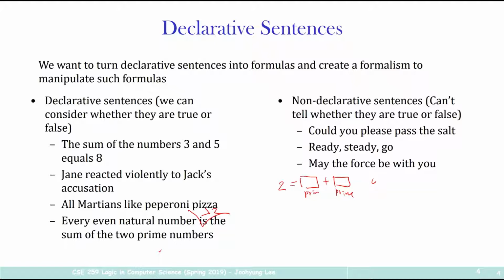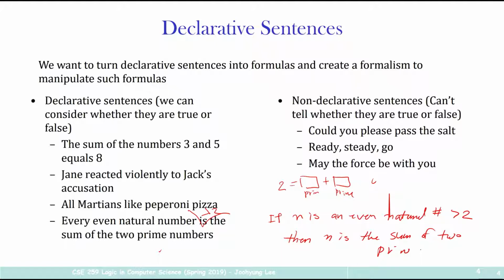So the condition is basically saying if some number n is an even natural number greater than 2, then n is the sum of 2 prime numbers.